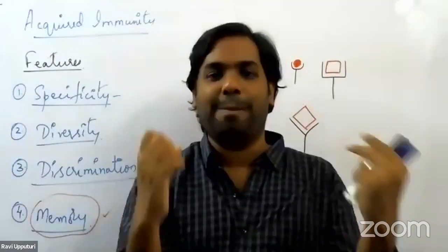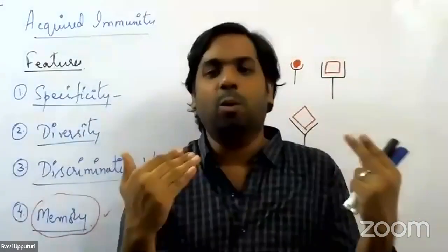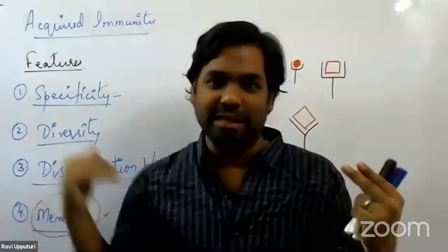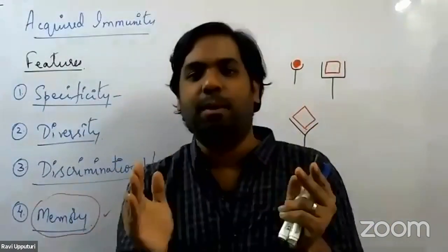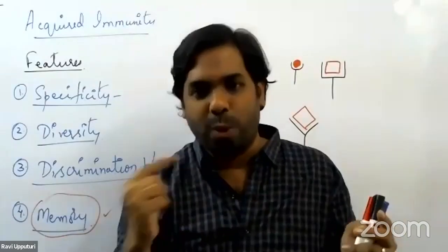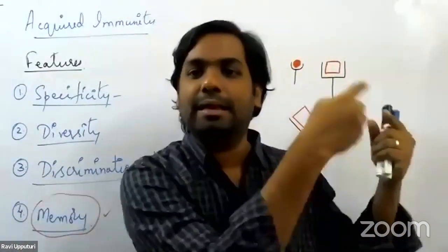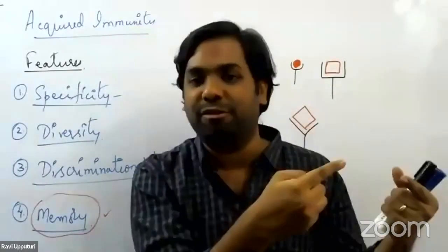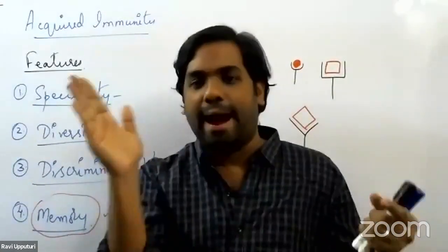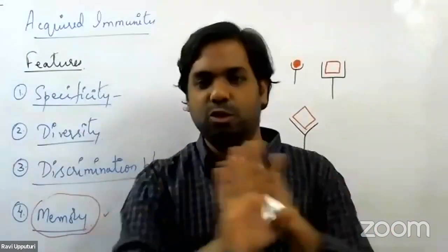Based on that bacteria, the antibodies are being synthesized. Along with that, memory cells are also being synthesized. The antibodies will start attacking the Salmonella typhi bacterium, while the memory cells this time will start remembering that pathogen, Salmonella typhi. Now, the antibodies have completely destroyed Salmonella typhi, so there is no infection now.